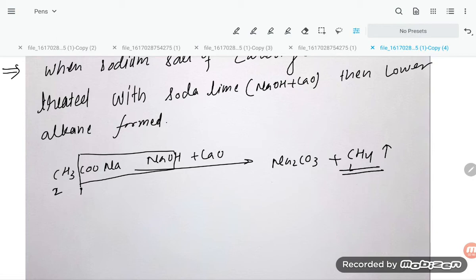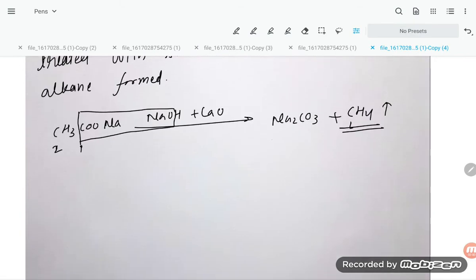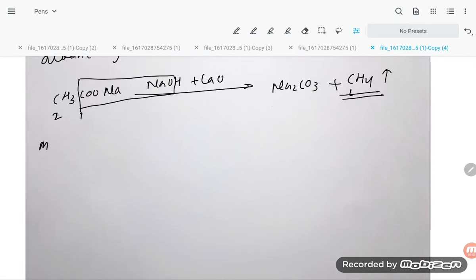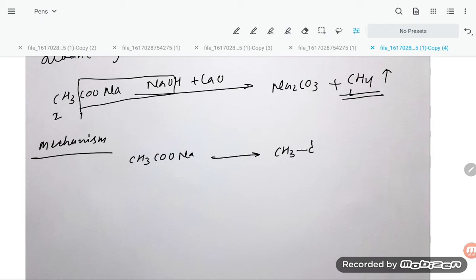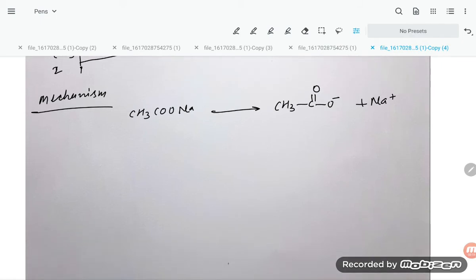If you want to understand the mechanism, a very simple mechanism is there. Here we are having CH3COONa. So you do the ionization in water, so it will form CH3COO minus plus Na plus, right, student? Here you see what will happen in this total scenario.